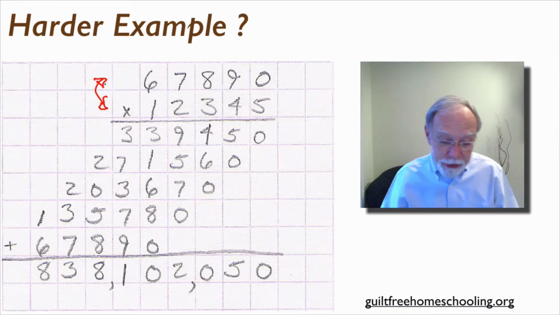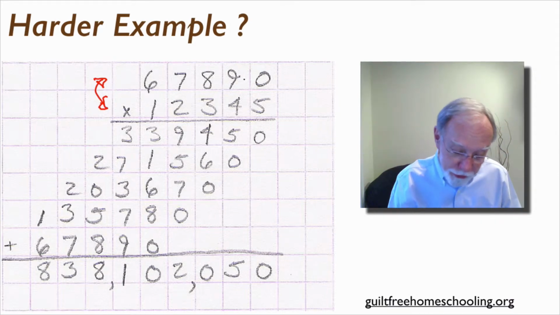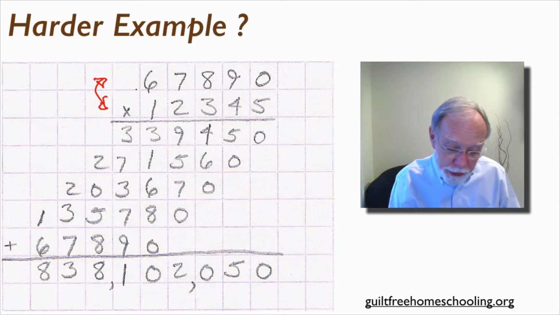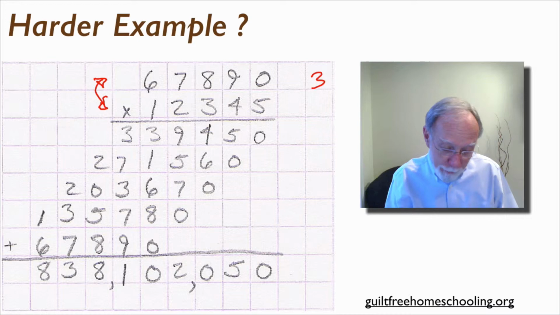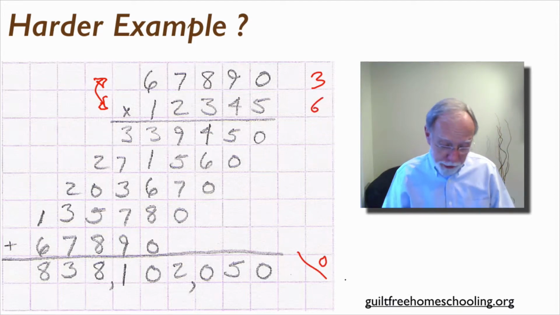So again, a digit sum method of doing this would be, okay, and then my digit sum across the bottom.